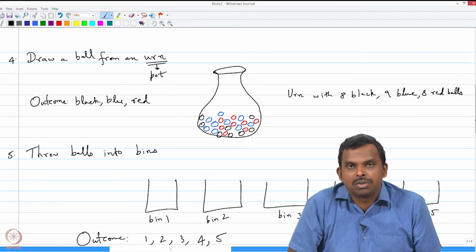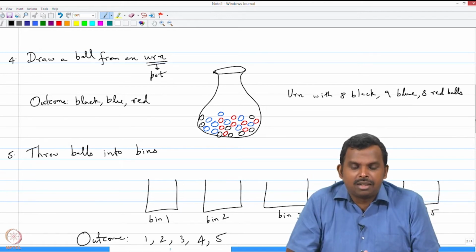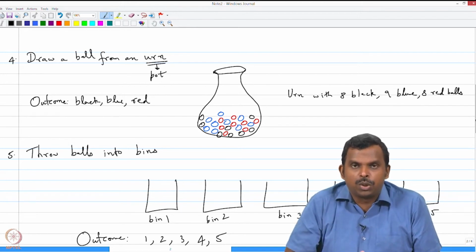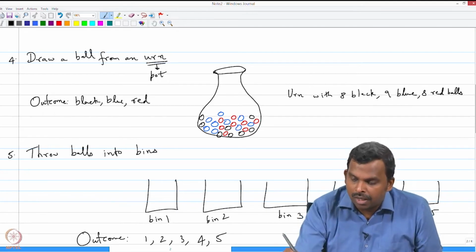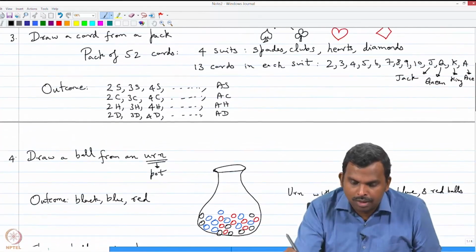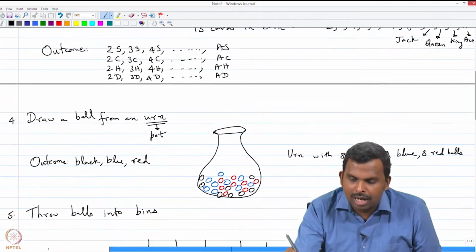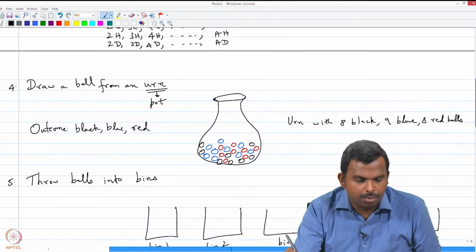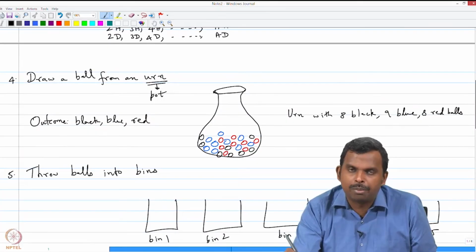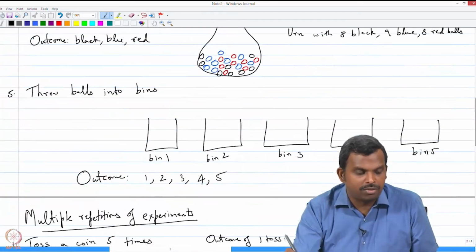All those things you can observe. So there are some variations here, but these variations you have to pay attention to. Let me describe the drawing the ball from an urn example, with replacement and without replacement.